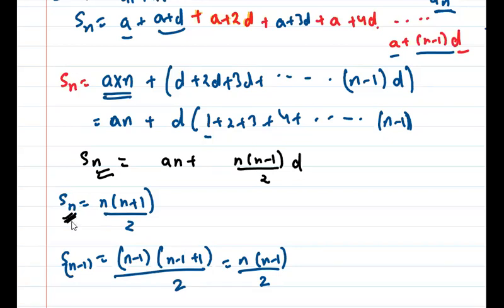N is the position. So if I say n is equal to 1, so what you'll do? 1 into 1 plus 1 by 2, n is equal to 2, 2 into 2 plus 1 by 2, n is equal to 3, 3 into 3 plus 1 by 2. Prahlad, 1 plus 2 plus 3 plus 4 plus 5 plus 6 is equal to how much? 21.